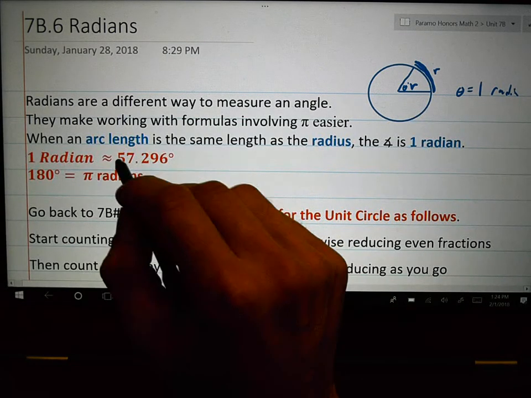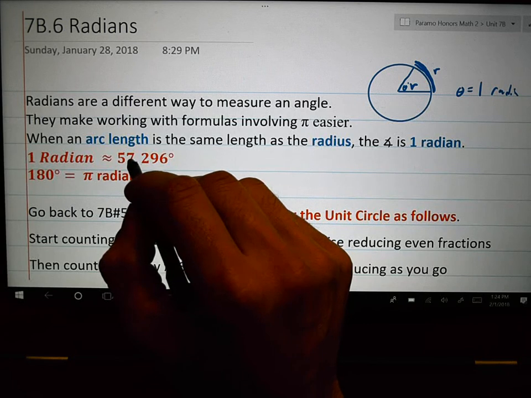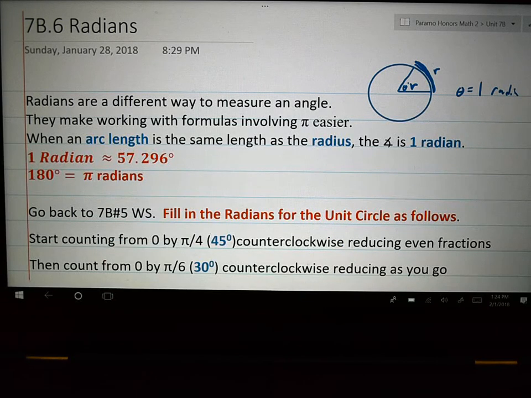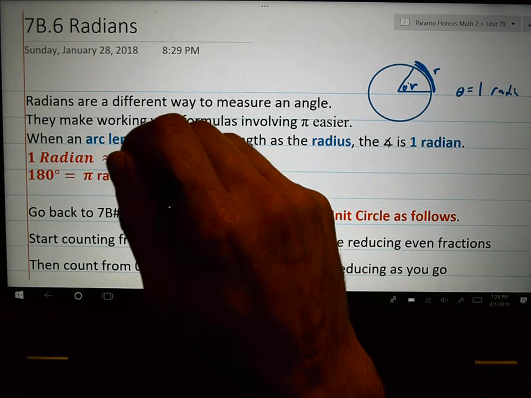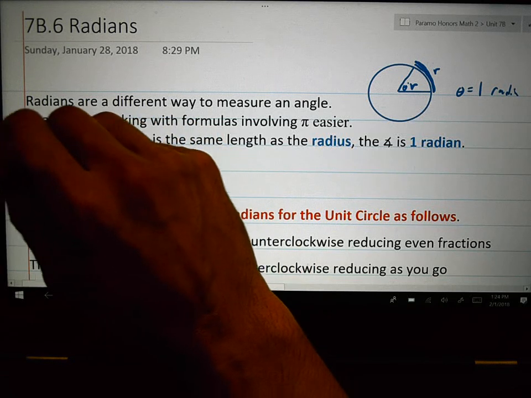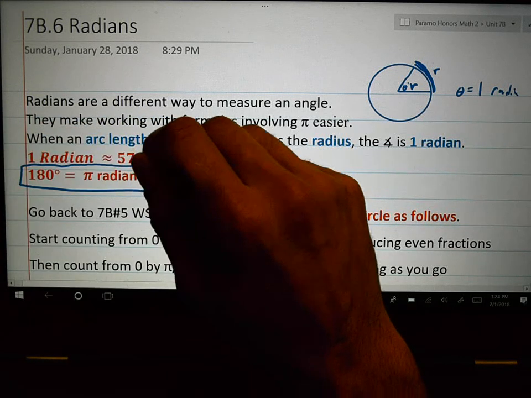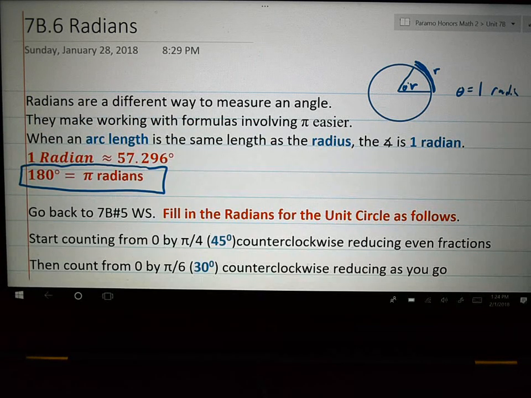If you want to know how big that is, a radian is about 57 degrees, just under 60. It doesn't come out nice and even. Okay? And the one thing that we are going to use all the time is this one. 180 degrees is the same thing as pi radians.